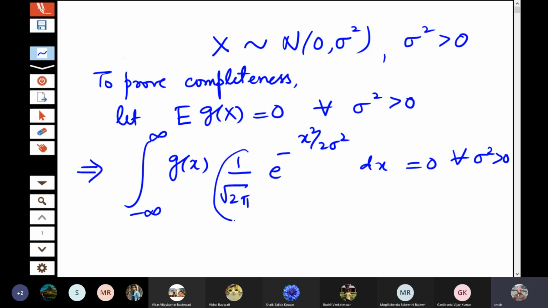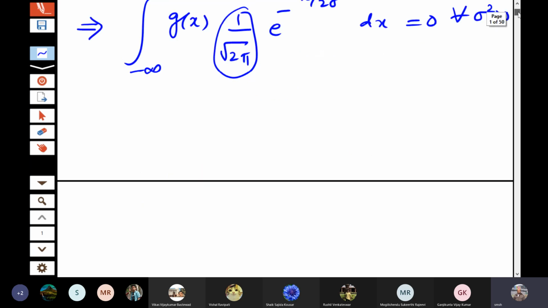So I can actually remove this one, as it is not of much use, because you can cancel it out on both the sides. So this is nothing but the bilateral Laplace transform, and I am saying it is equal to 0 at all the points. So the function itself must be 0 due to the uniqueness of the Laplace transform.